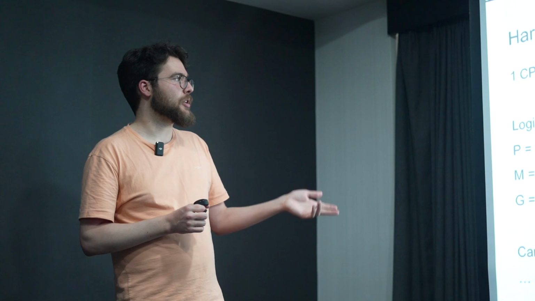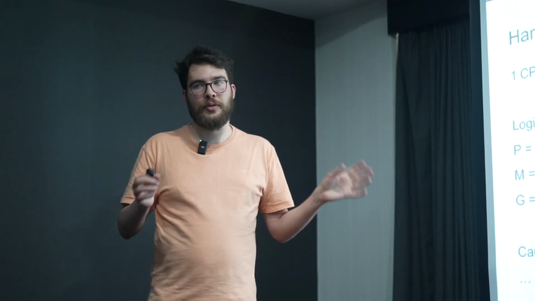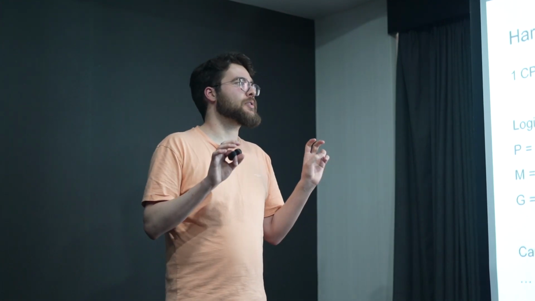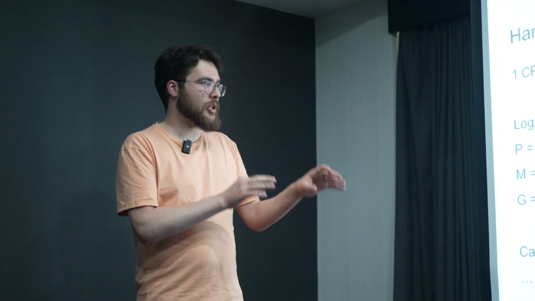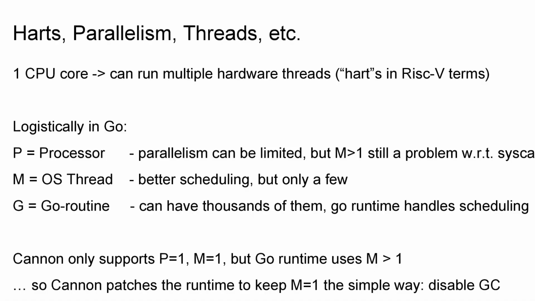So I'll tell a little bit more about harts, parallelism, threads. So we have one CPU core, one hardware thread in RISC-V terms. Then logistically in Go, there's this model of processors, OS threads, and Go routines. And then Go routines are scheduled by the Go runtime to sit on certain threads.